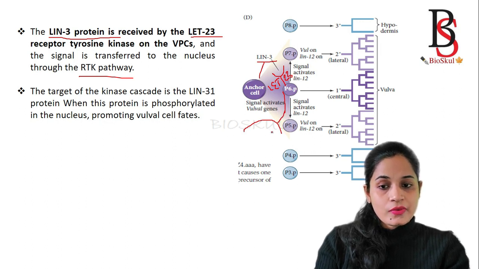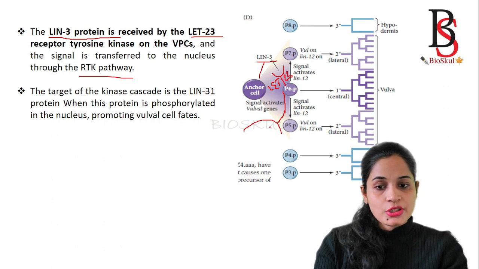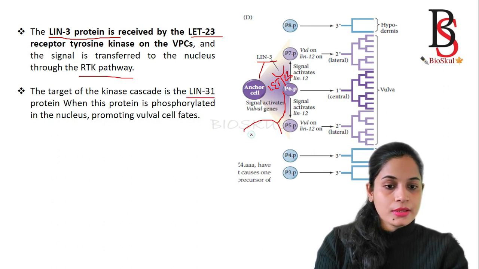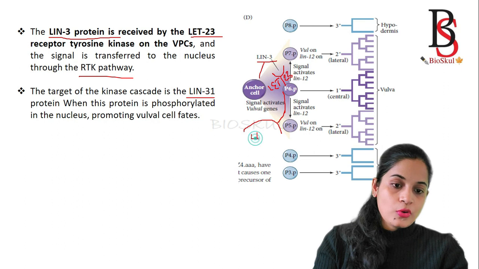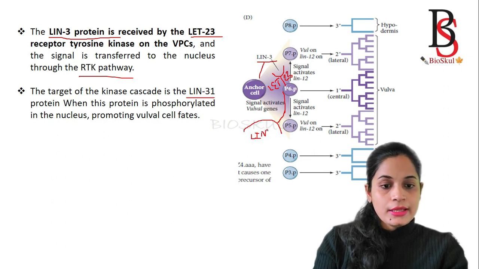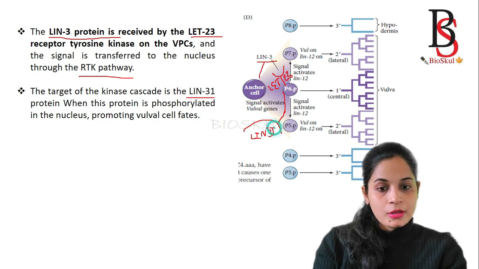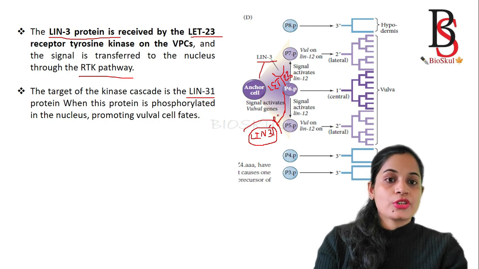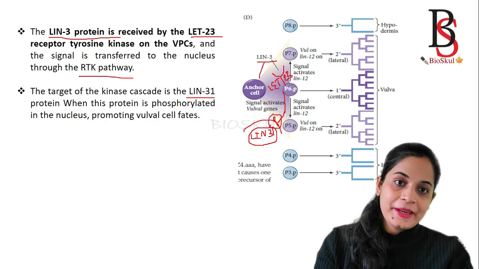In the nucleus, what will happen? There will be phosphorylation of the target protein. That target protein is known as lin-31. After the phosphorylation of the lin-31 protein in the nucleus, it promotes the formation of the vulval cell plate.